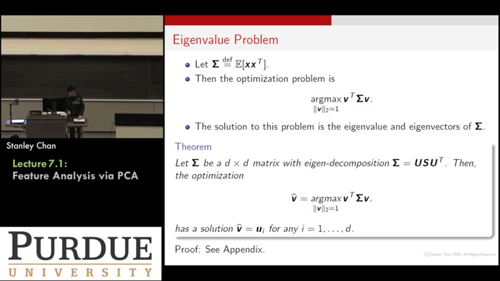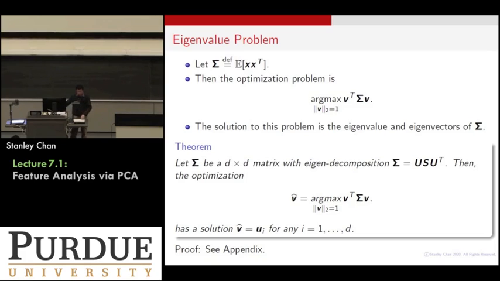Then the solution to this problem will be any of the eigenvectors, depending on which eigenvalue you want to pick. Here you may say, okay, I only want to pick the first one. Then it would be u1, the first column of that U matrix. That will return you the eigenvector. And any eigenvector coming from here will be a solution to this problem.